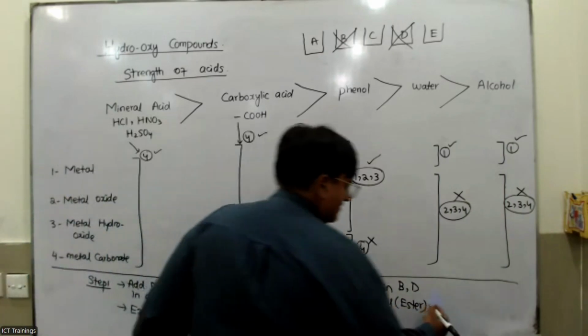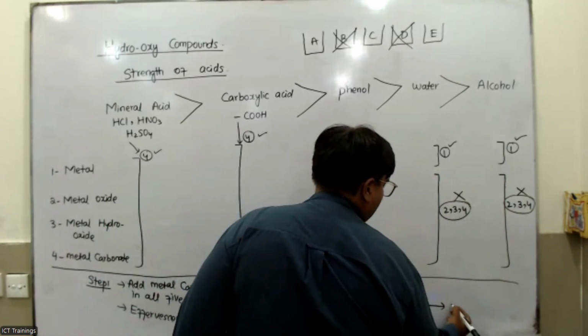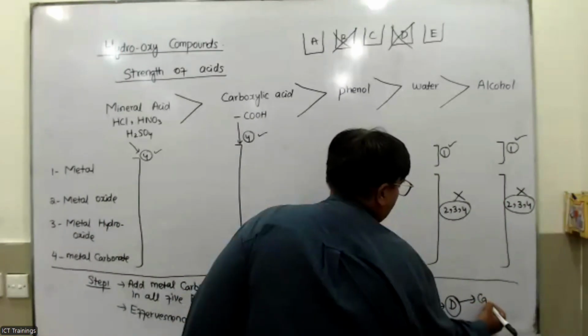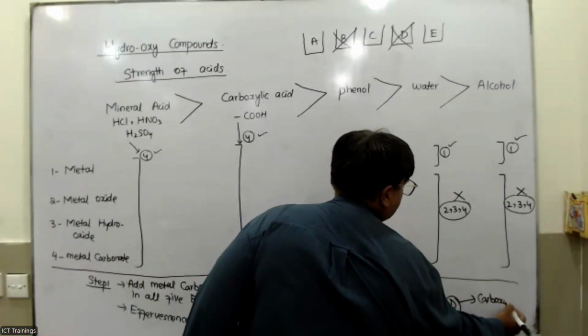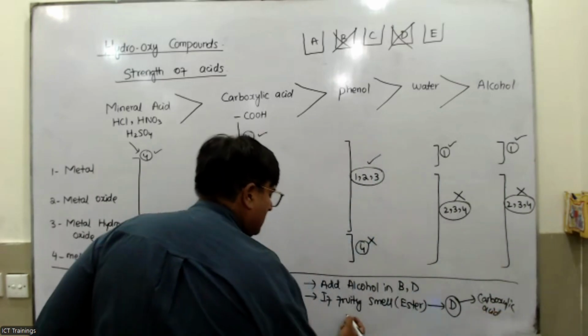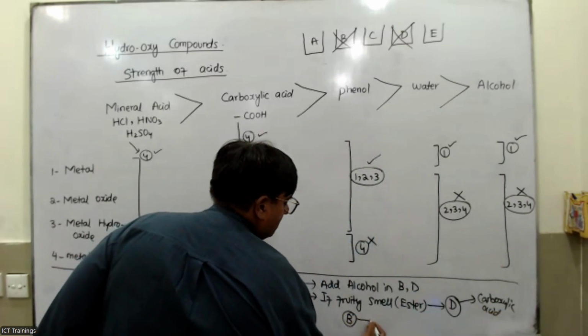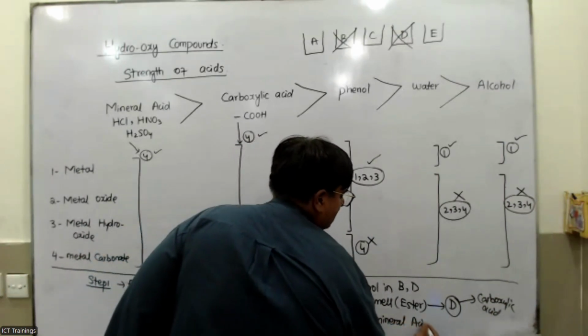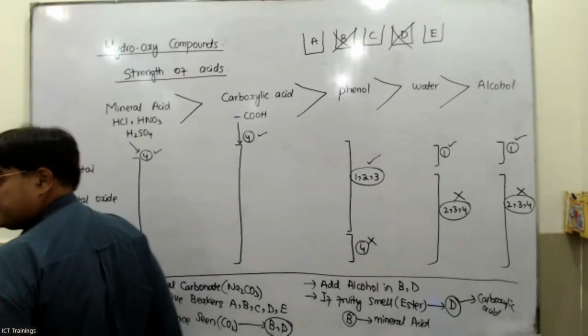Let's suppose the fruity smell is with D, so D is carboxylic acid, and B could be mineral acid. Did you get it? Fruity smell, ester?